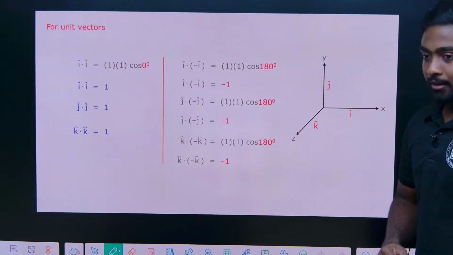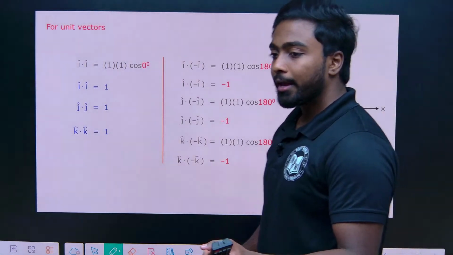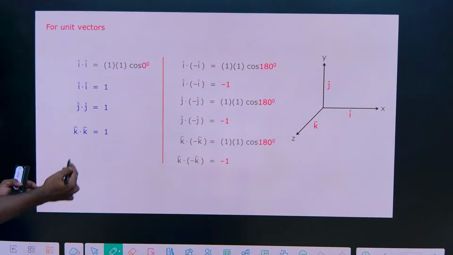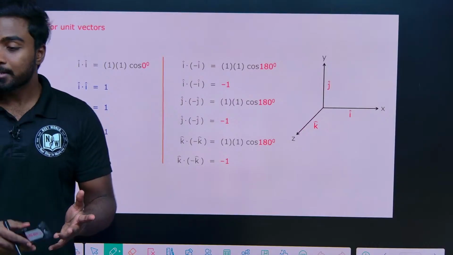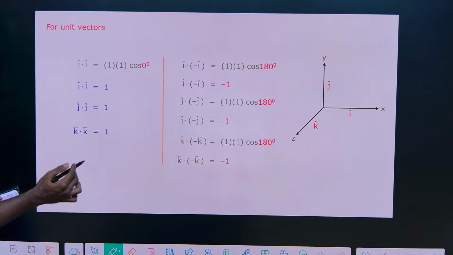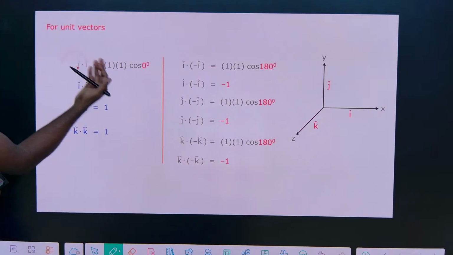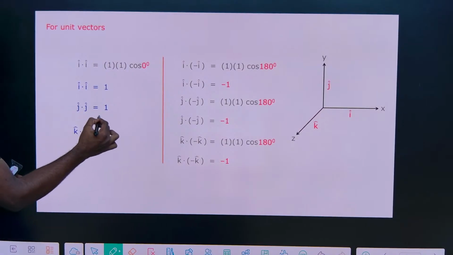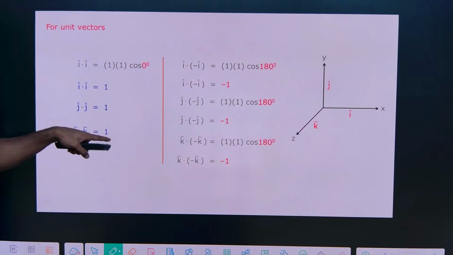Okay, no. So next one, for unit vectors. When we talk about A dot B or B dot A, whatever it is. Now when we talk about i, j, k, no, i is the X axis, j is the Y axis and k is the Z axis. When I take i dot i, the result will be 1. j dot j result will be 1, k dot k result will be 1.